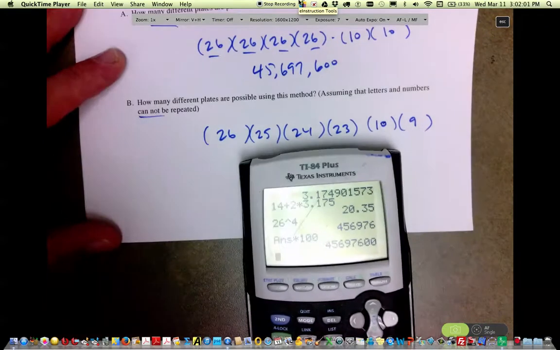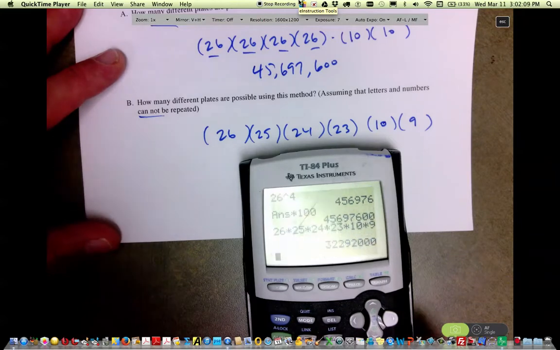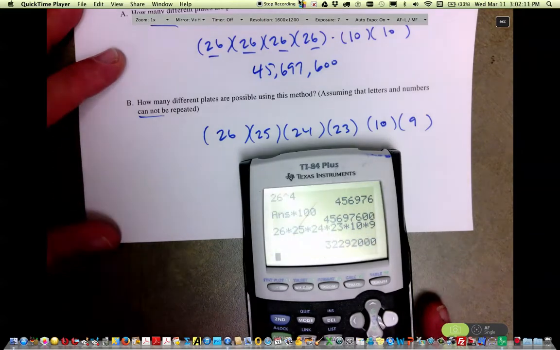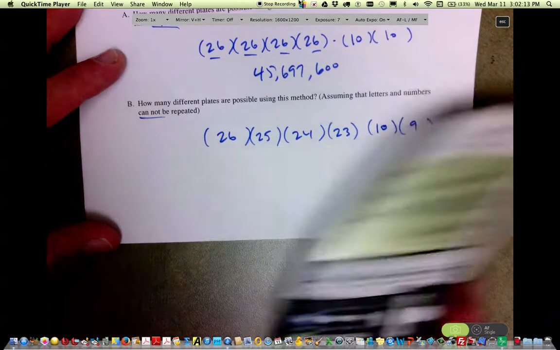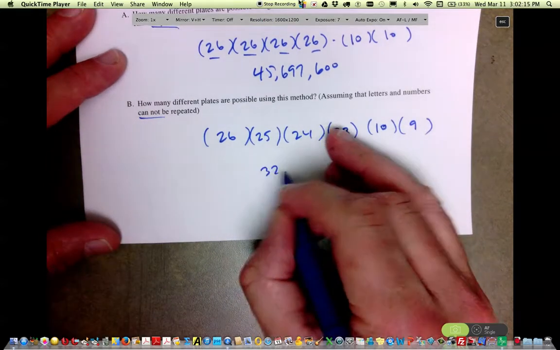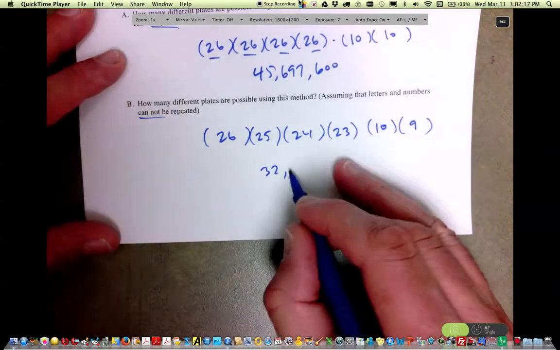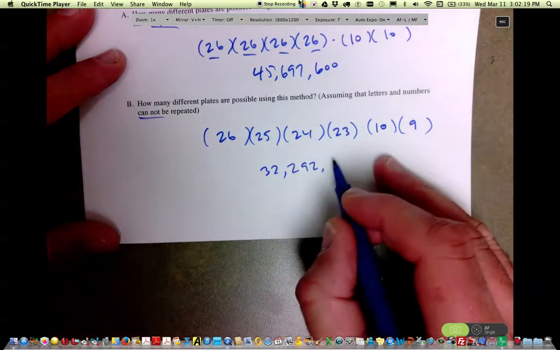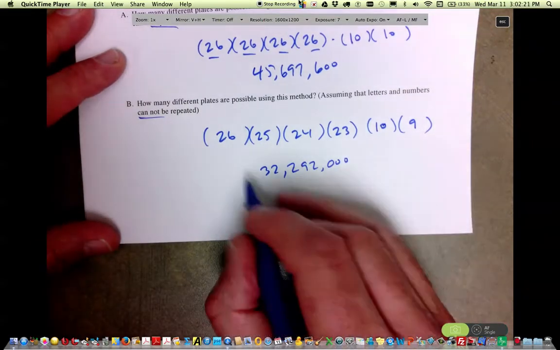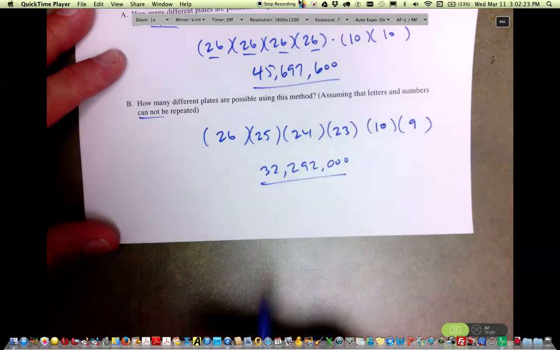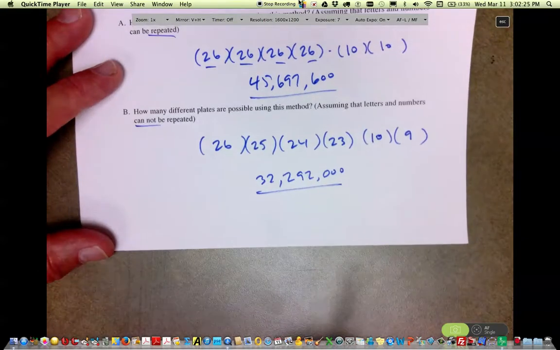So 26 times 25 times 24 times 23 times 10 times 9, and that gives me a lot of plates also. That's 32,292,000 plates.